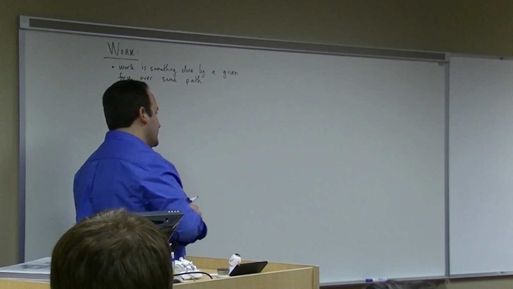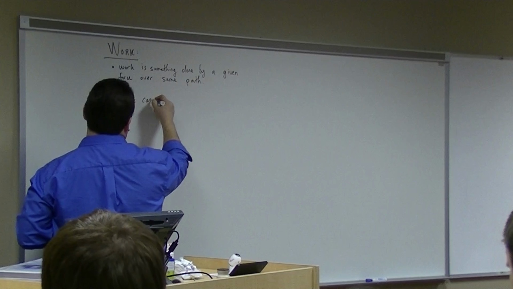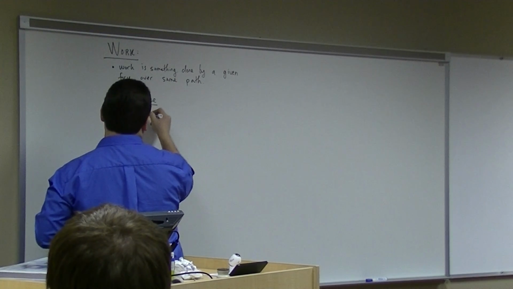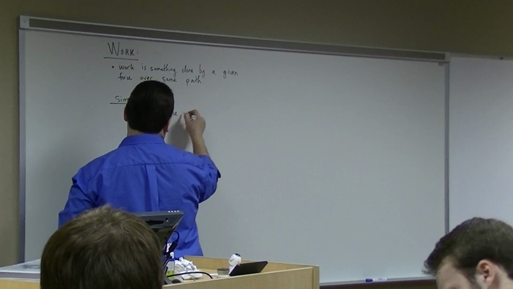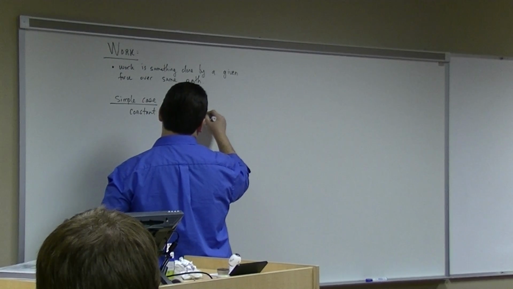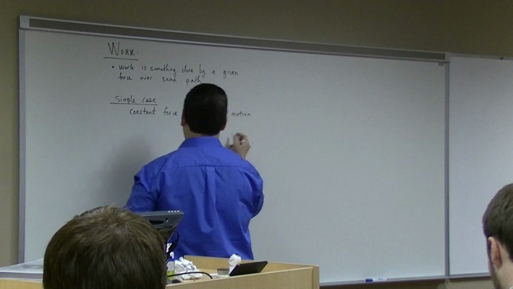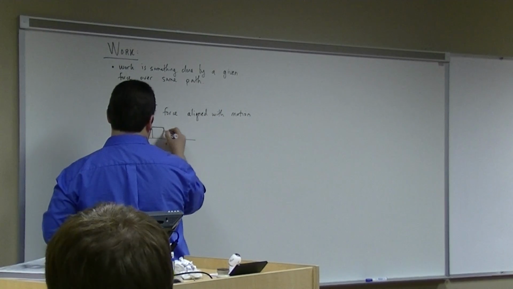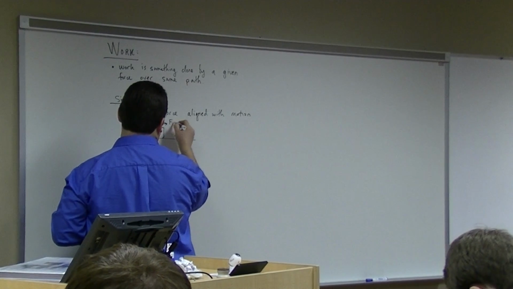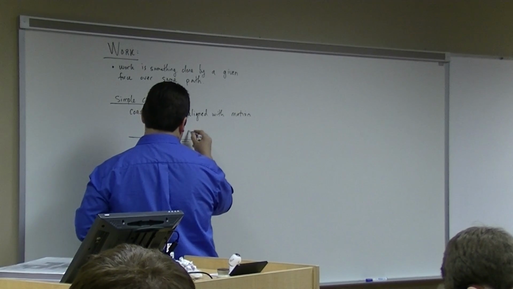Now, some of you may remember the simplest case. Simple case: if you have a constant force aligned with the displacement, aligned with the motion. So, for example, I've got a box, and I put a force on it, then sometime later, you go over here, later time.